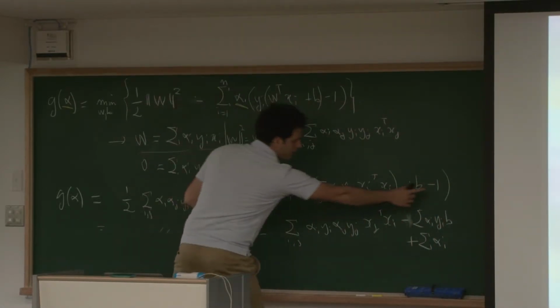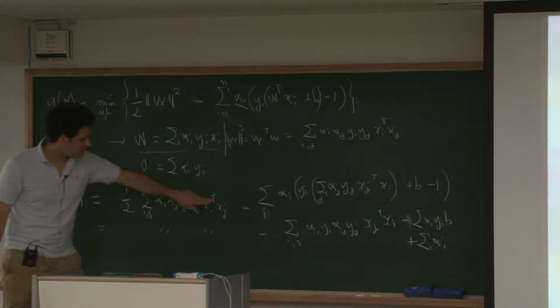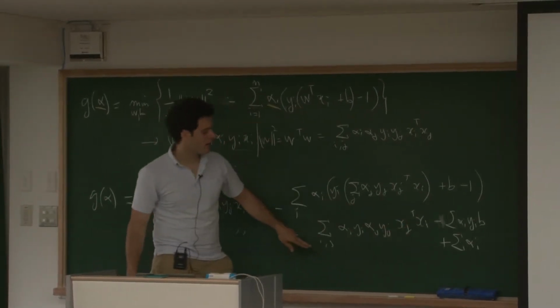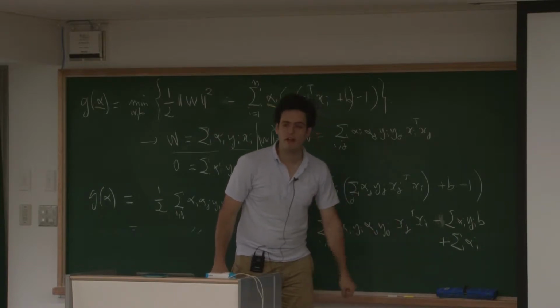This is the sum of alpha i here. So to recapitulate, I have 1/2 times this quadratic term minus this quadratic term minus the sum of alpha i yi b plus the sum of alpha i.